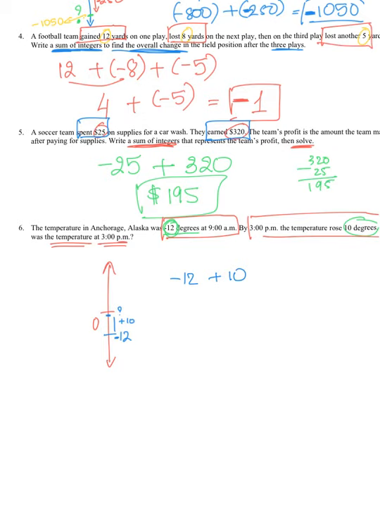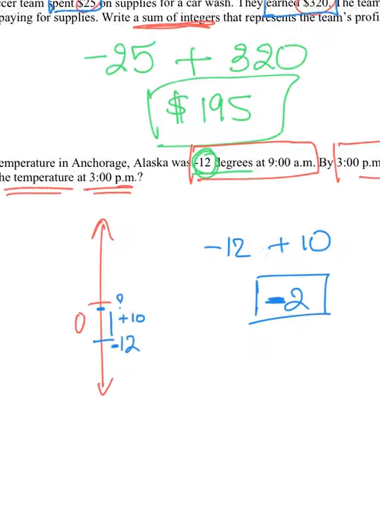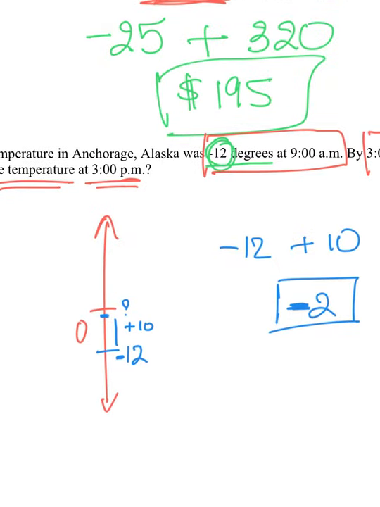Same sign, add and keep. Different sign, we subtract. 12 minus 10 will be 2. Keep the sign of the higher number. So 12 is greater than 10, so the answer is negative. So at around 3 p.m., it will be negative 2 degrees, which is really cold.